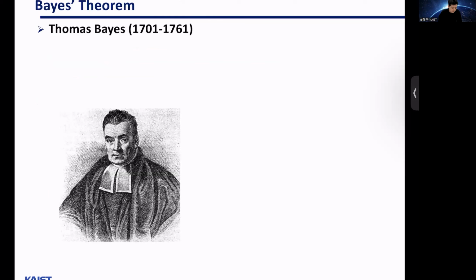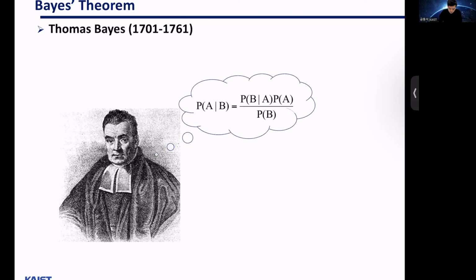Okay, let's talk about the Bayes theorem. This is the famous Bayes theorem. P of A given B equals P of B given A times P of A divided by P of B. So how was this derived?